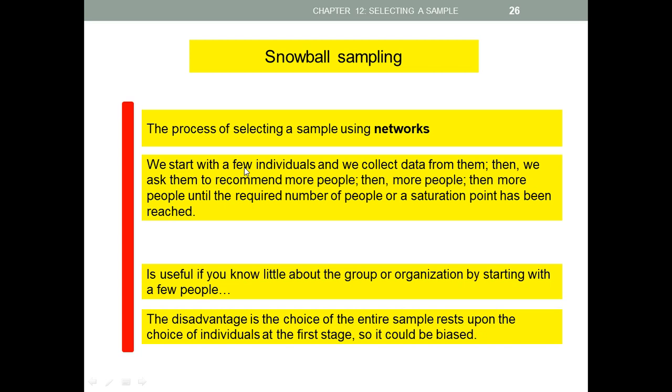So their opinions could be biased. Such sampling is biased. Their opinions may not represent the target population's opinion.